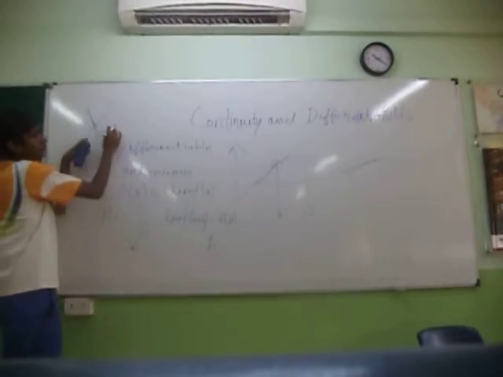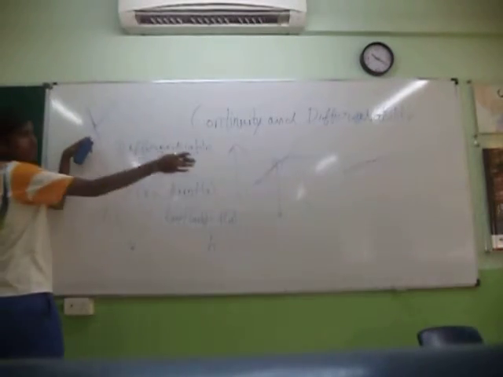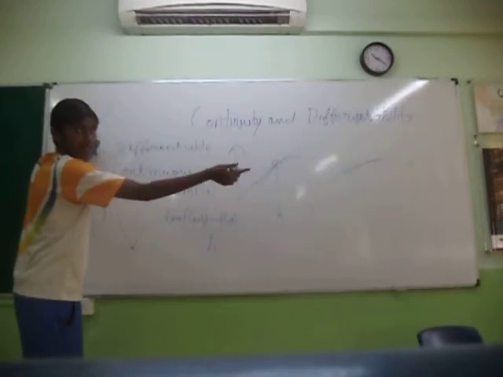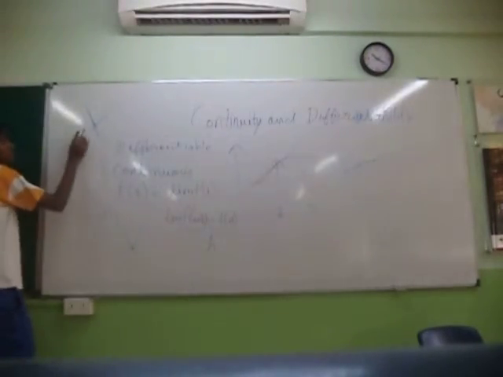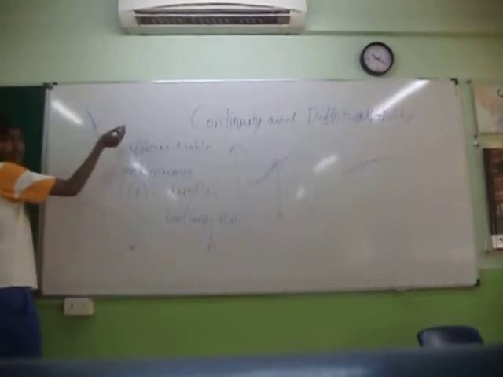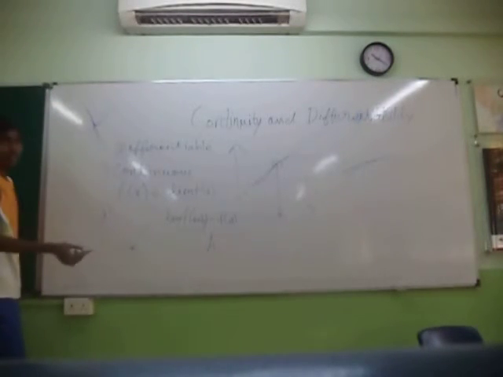So the difference between these two is that the left hand derivative and right hand derivative of that graph at that particular point are the same, whereas in this case the left hand derivative and the right hand derivative of the same point are very different.